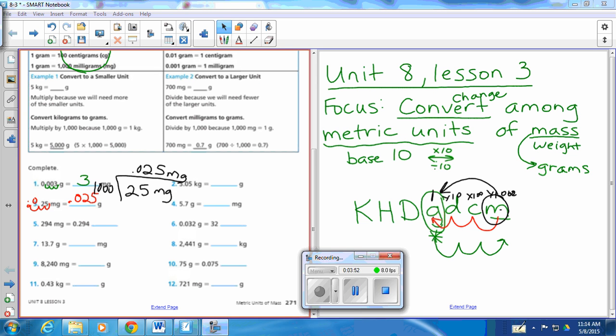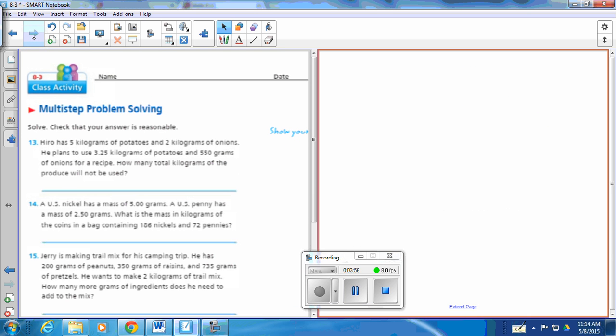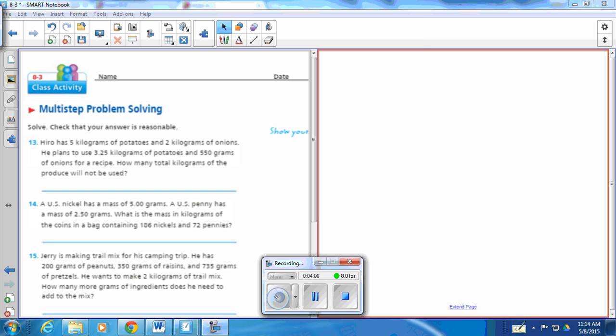Okay, so let's look at our real world problems here. So I'm going to move to page 272. Okay, so we're going to look at some real world problems here using these metric conversions of mass. And these are going to be multi-step problems. So let's look at number 13.